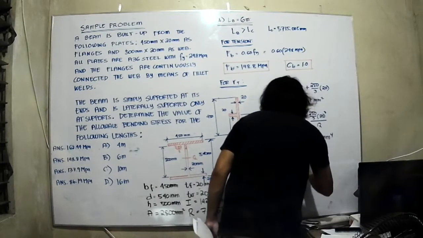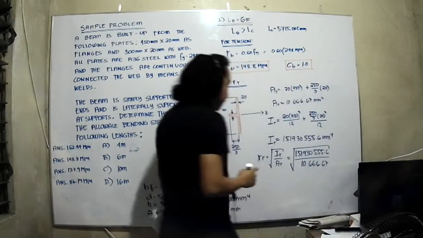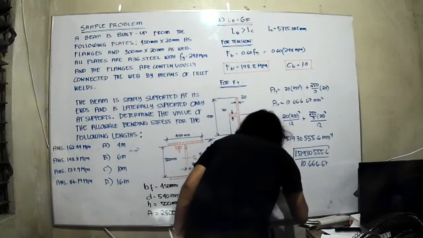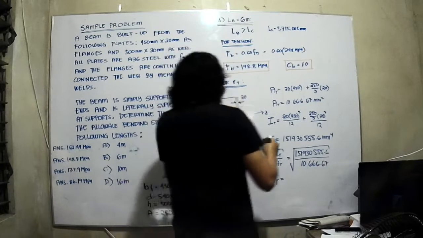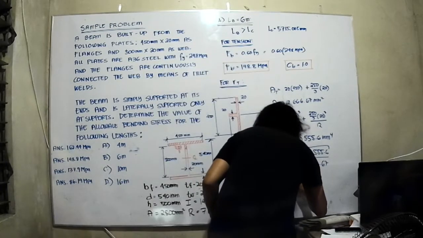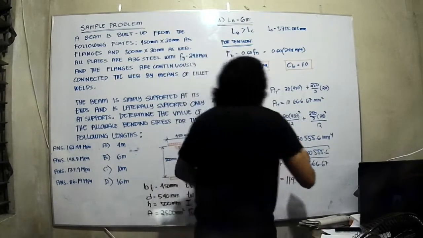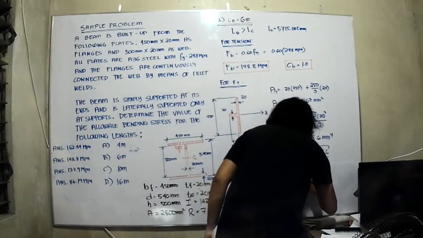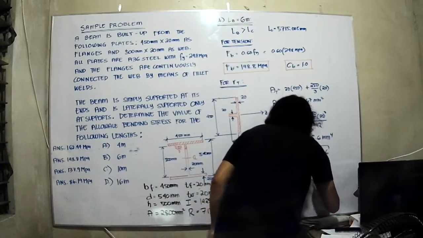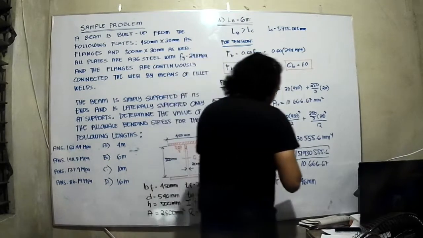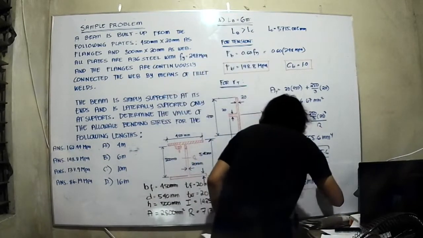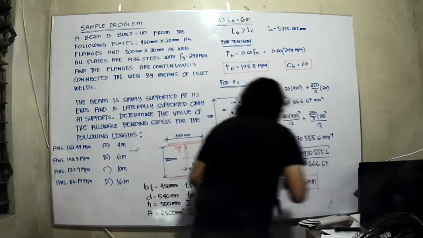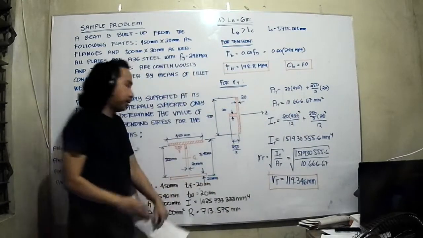Okay, so I will take the square root here, and I will have RT is equal to 119.346 millimeters. Okay, this is how we solve for RT.